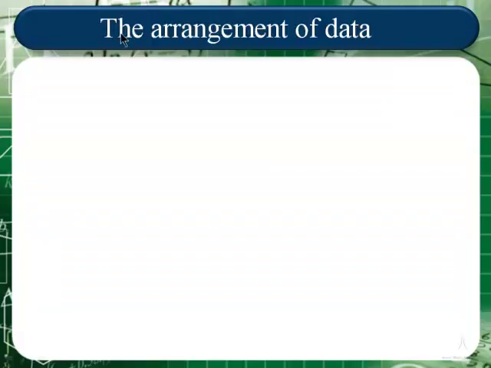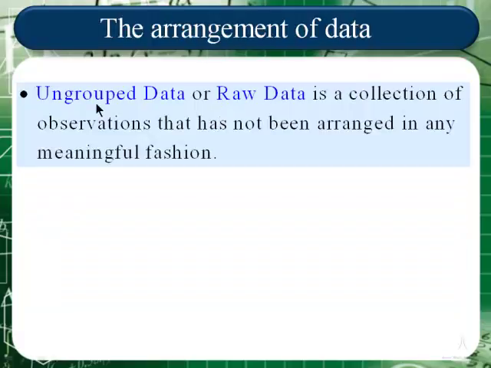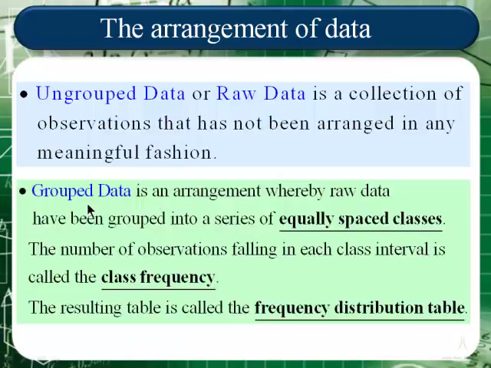Let us focus on the arrangement of data. Now, ungrouped data or raw data is a collection of observations that has not been arranged in any meaningful fashion. However, grouped data is an arrangement whereby raw data have been grouped into a series of equally spaced classes.